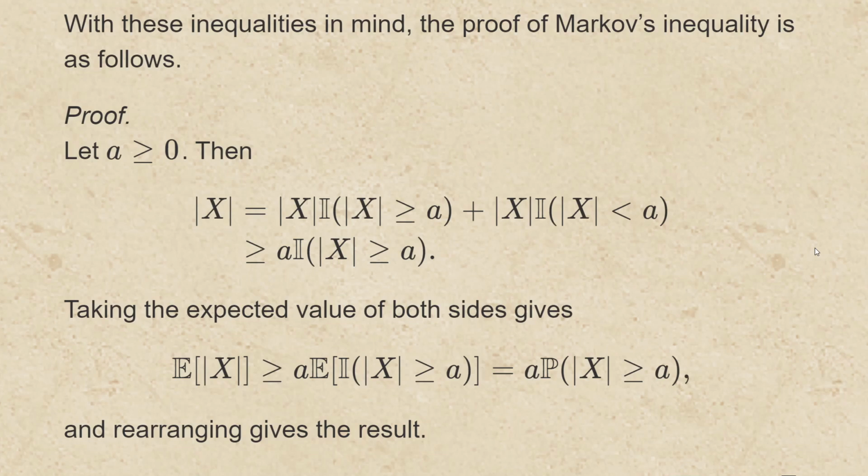Taking the expected value of both sides gives that the mean of the absolute value of X is greater than or equal to a times the mean of the indicator that the absolute value of X is greater than or equal to a, and the mean of an indicator is just the probability that the thing inside the indicator happens. So this is just equal to a times the probability that the absolute value of X is greater than or equal to a, and rearranging gives the result.